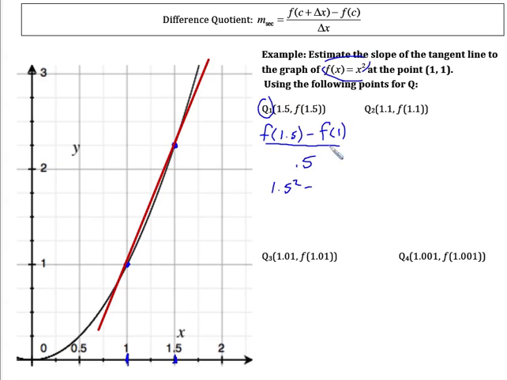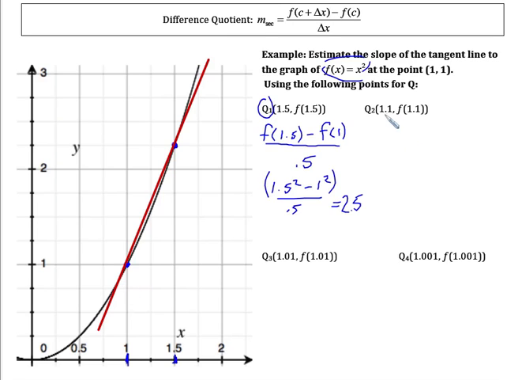And then minus f of 1, so that's going to be 1 squared, over 0.5. Okay. So go ahead and do this in your calculator. Make sure to keep the numerator together. And this is going to give us 2.5. So the slope of this secant line is 2.5.